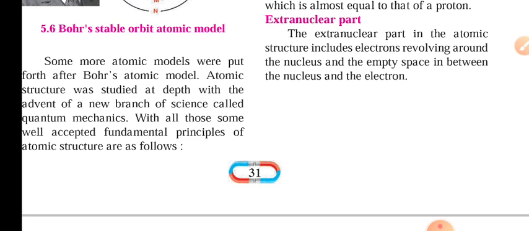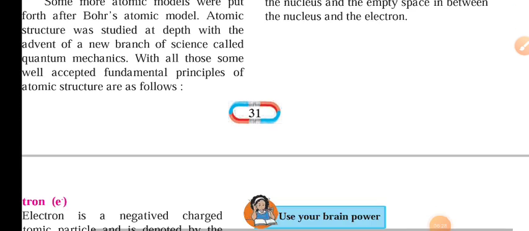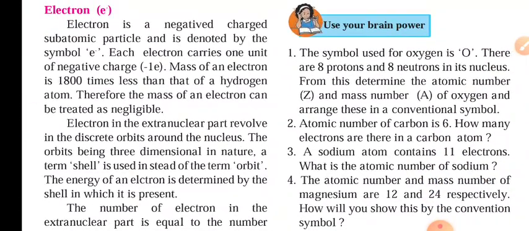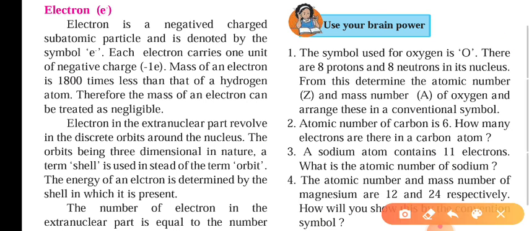Electrons are revolving around the nucleus. Further, when we go ahead about the electron, the electron is a negative charged subatomic particle and is denoted by the symbol e, a small letter e.